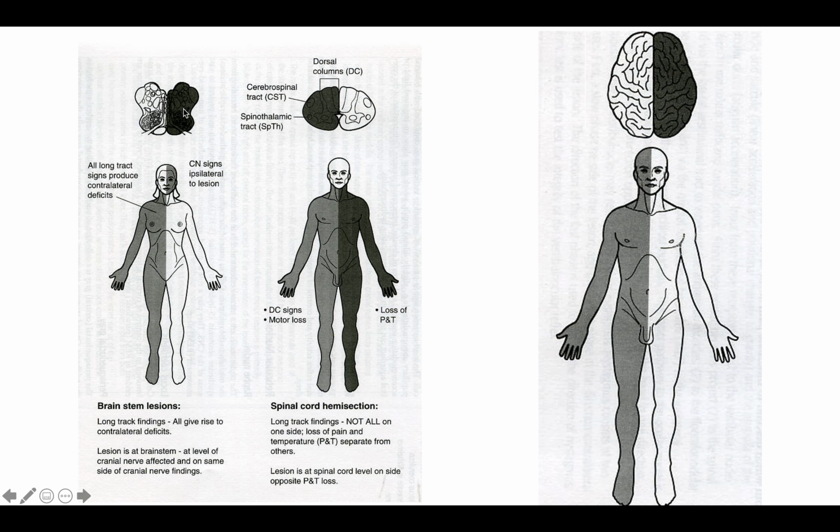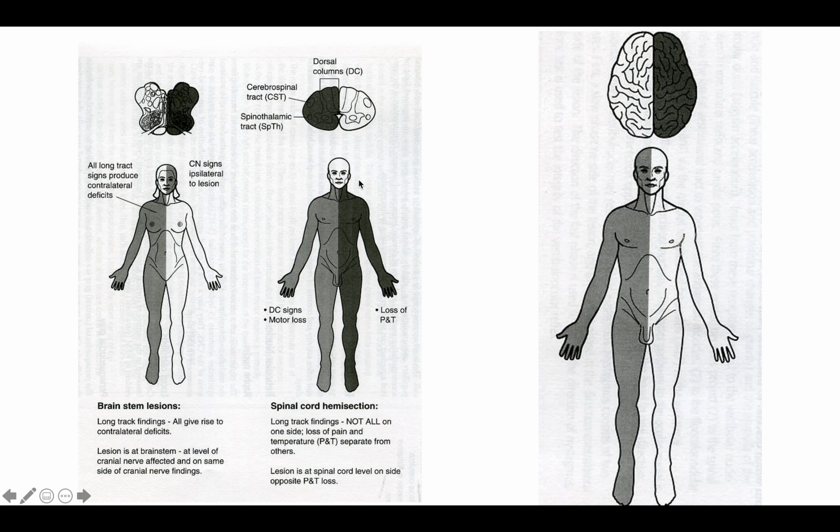But because the trigeminal tract goes through the brainstem and does all of your sensory to your face, that's going to be the same side as the brainstem lesion. Now, obviously, if it's in the spinal column, which is exactly what's going on with this guy, you're not going to have any facial symptoms at all.